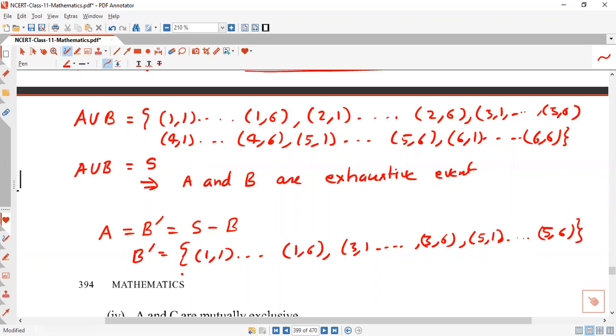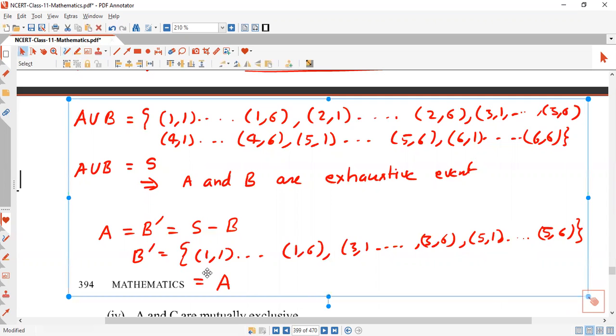So this is nothing but this, this is equal to A. So we say B dash equals A. So this is the end of this chapter.